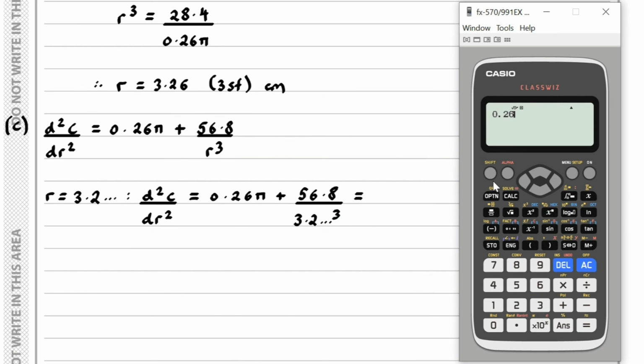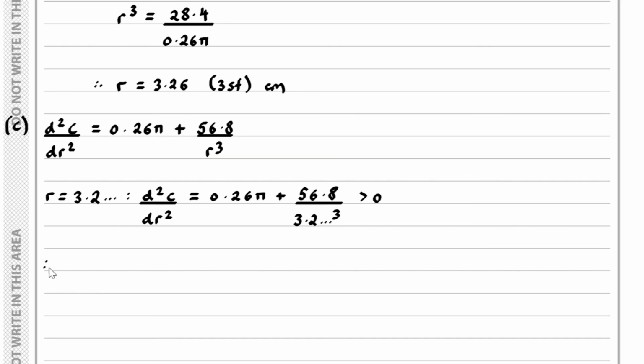So let's just double check this. We get a value which is definitely greater than 0.